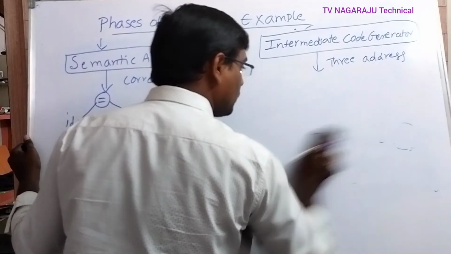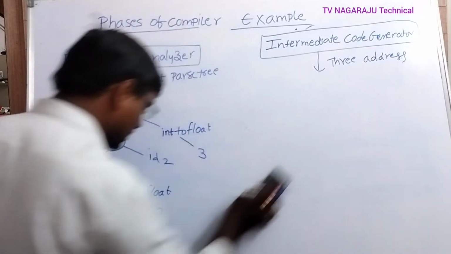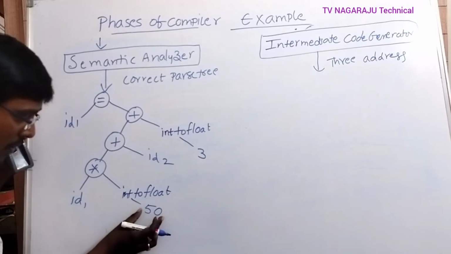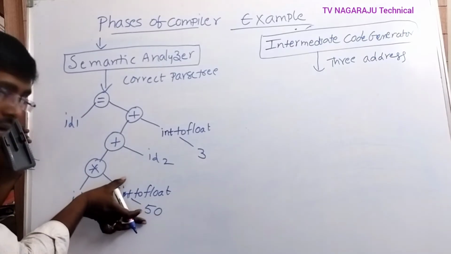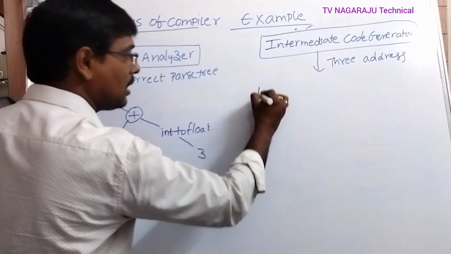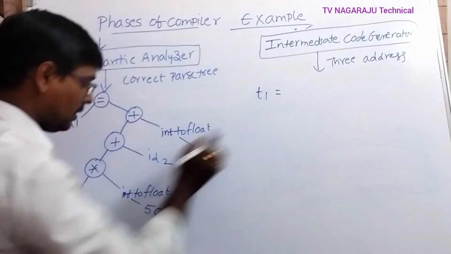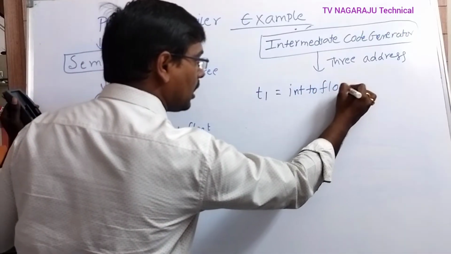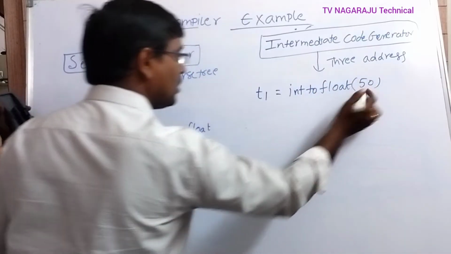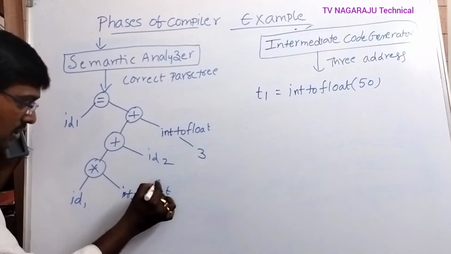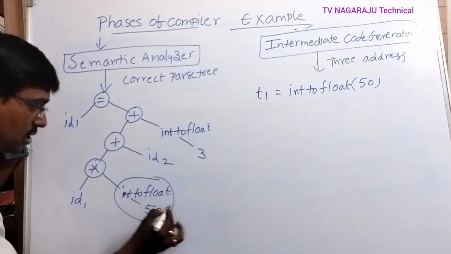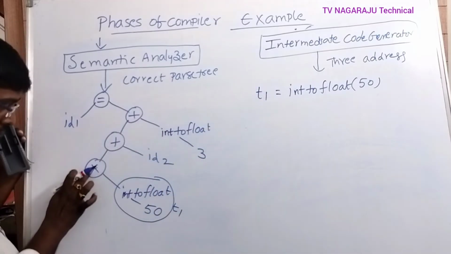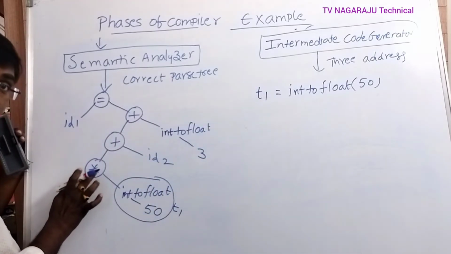Now see, step by step. Generally, we move from down to top. What is the first step? 50 is to be converted from integer to float. Assume a temporary variable t1 which stores inttofloat of 50. So t1 stores the value. This is completed, and now it is stored in t1. Now perform the multiplication operation.